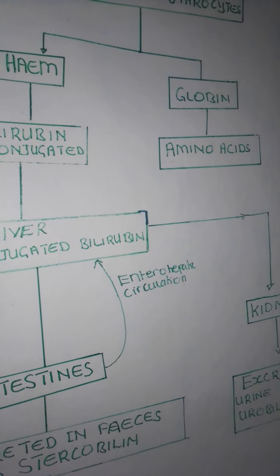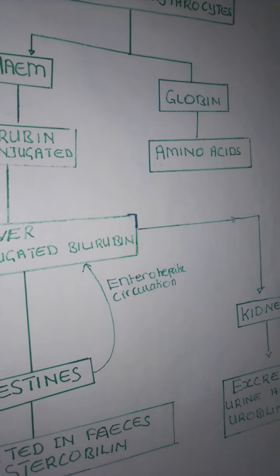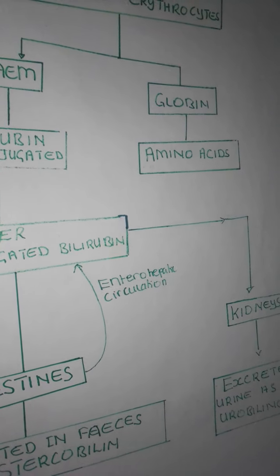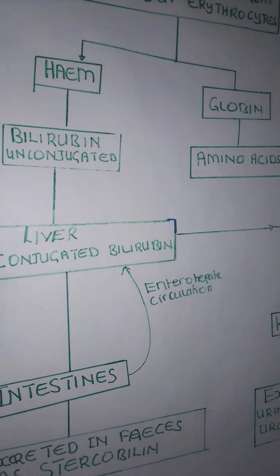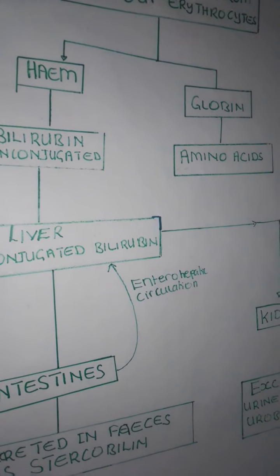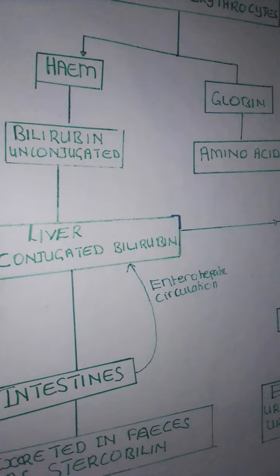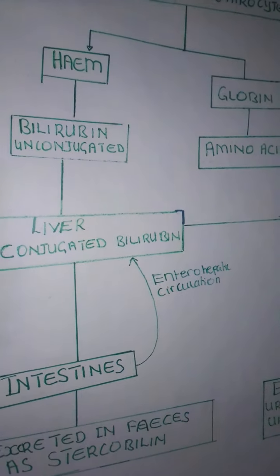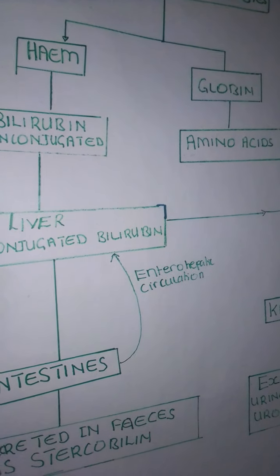The globin is made into proteins, the amino acids that will be used by the body. So globin is not associated with the pathogenesis of jaundice.